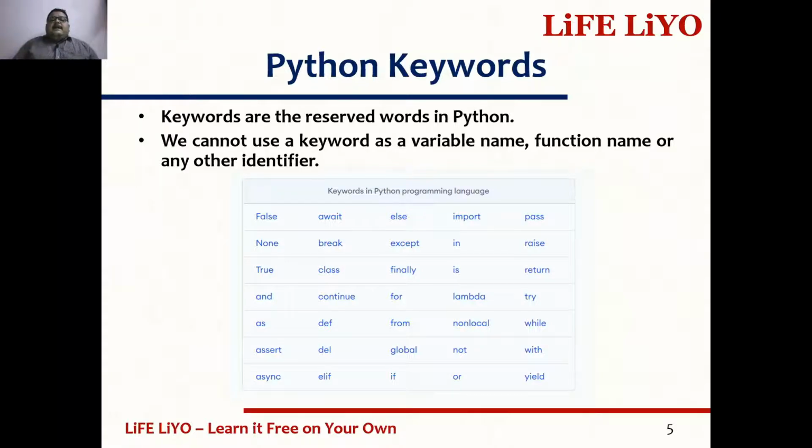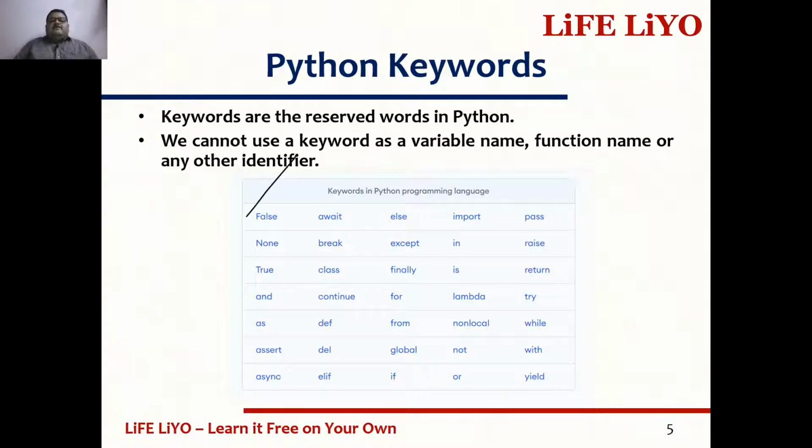Like that, Python also consists of some keywords whose meaning is already known to Python. We should not use these keywords as variable names, function names or any other identifier names. So what are the different keywords available in the Python programming language?